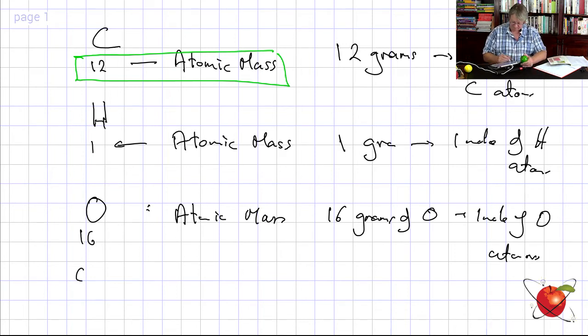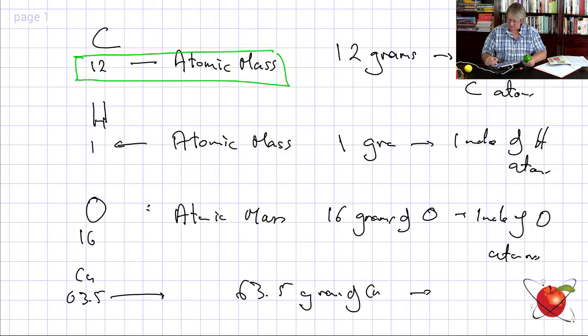63.5. Therefore, 63.5 grams of copper gives me 6.02 times 10 to the 23 atoms of Cu. Why? Because that is 1 mole.